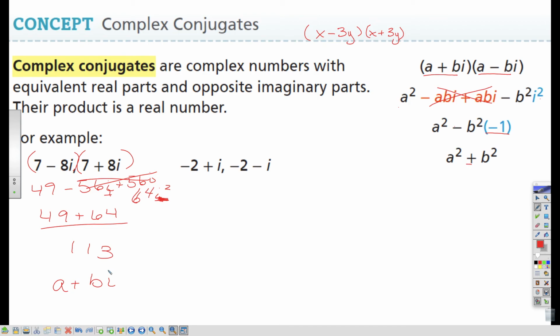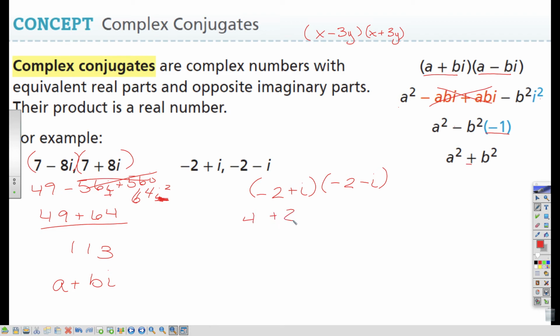So I'm just going to rewrite this. So I have -2 plus i. So its conjugate would be -2 minus i, correct? That first one doesn't change, ever. If you change the signs of both of them, the middle two terms are not going to reduce out. So when I FOIL that out, I get a +4, yes?